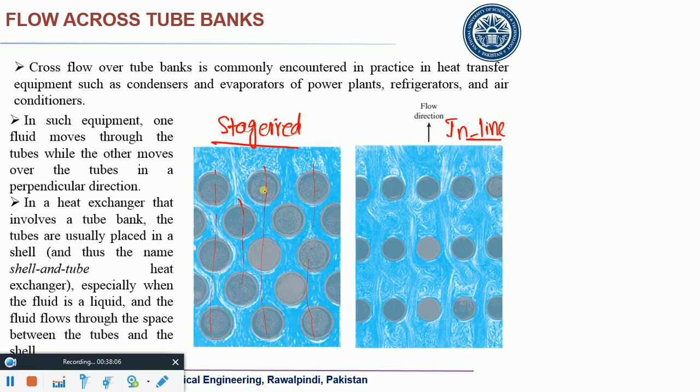Now see that you have one fluid inside those pipes, inside those tubes, and the other fluid is flowing over them. Now you can imagine that if flow over a simple cylinder becomes too complex to handle analytically, what would happen to these kind of flows? You can't go for analytical solutions for these kind of flows.